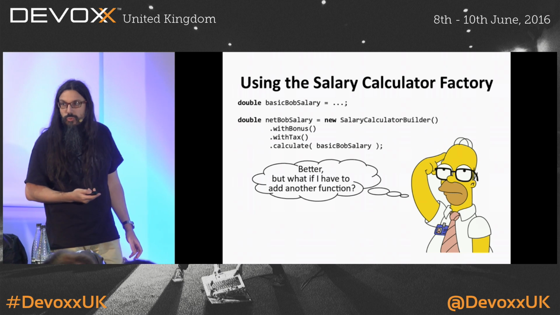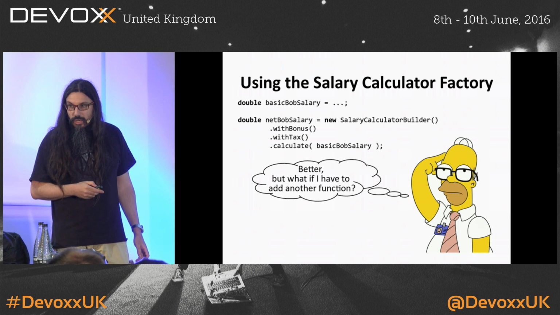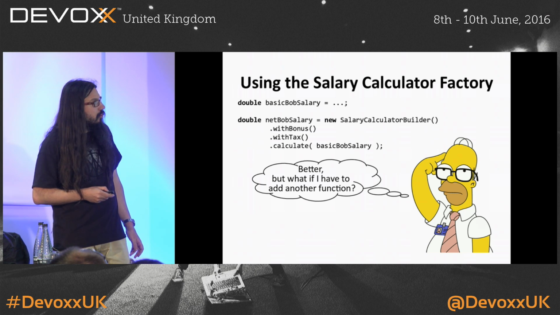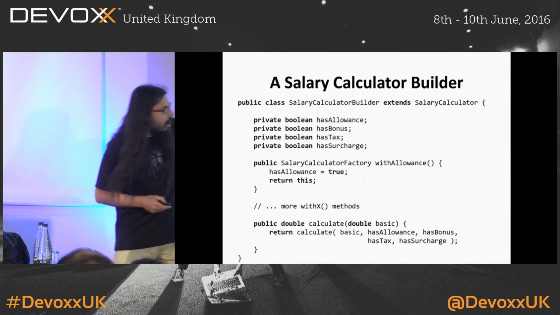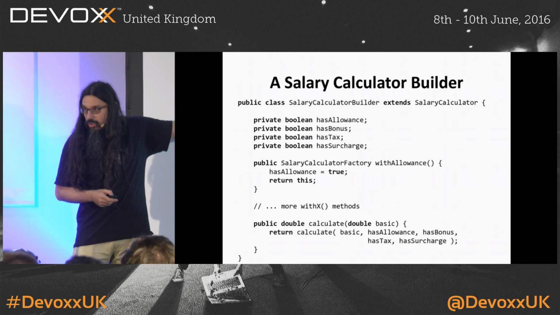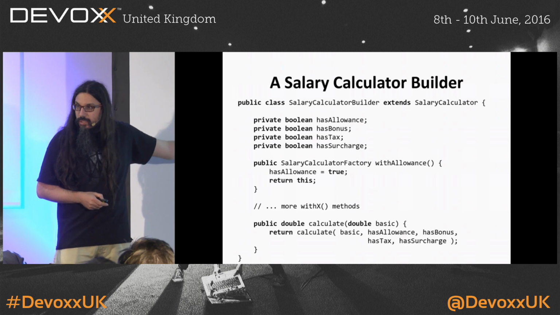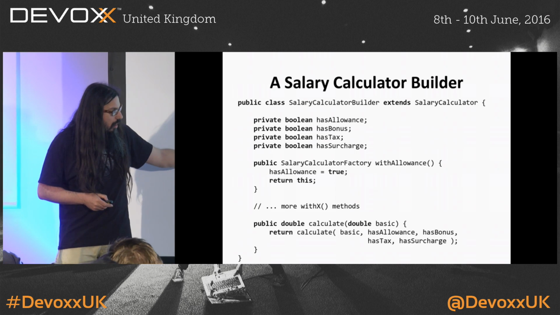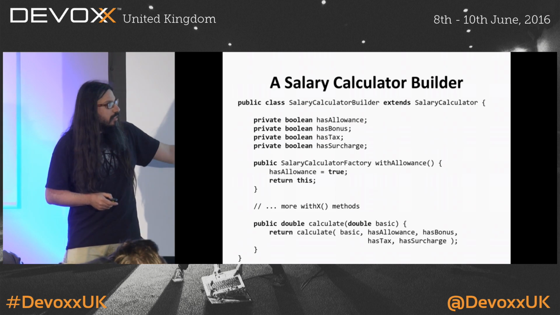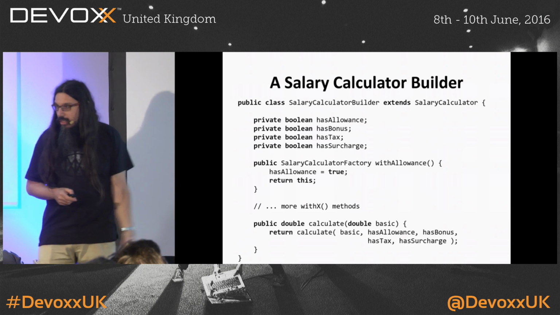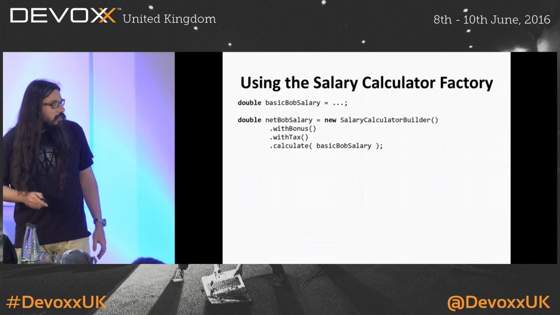Let's see if we can do better with the functional version. Of course, here I'm showing only one method, the with allowance, but you have to duplicate this code to do exactly the same thing for each of the flags inside your builder.